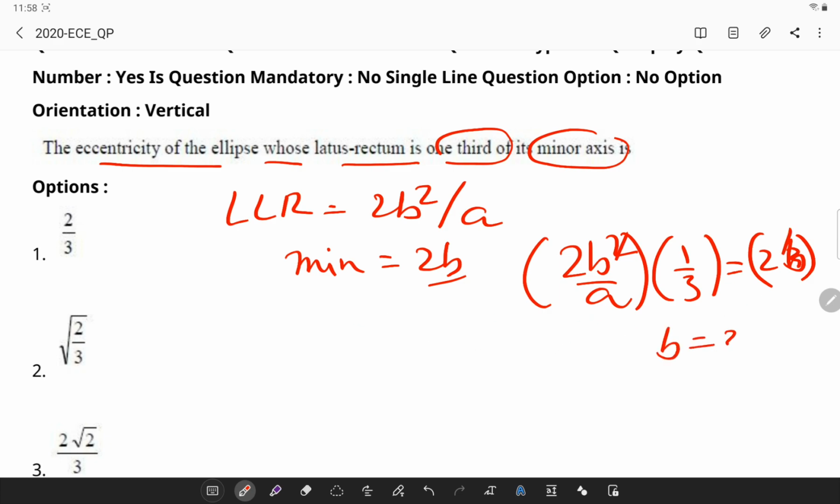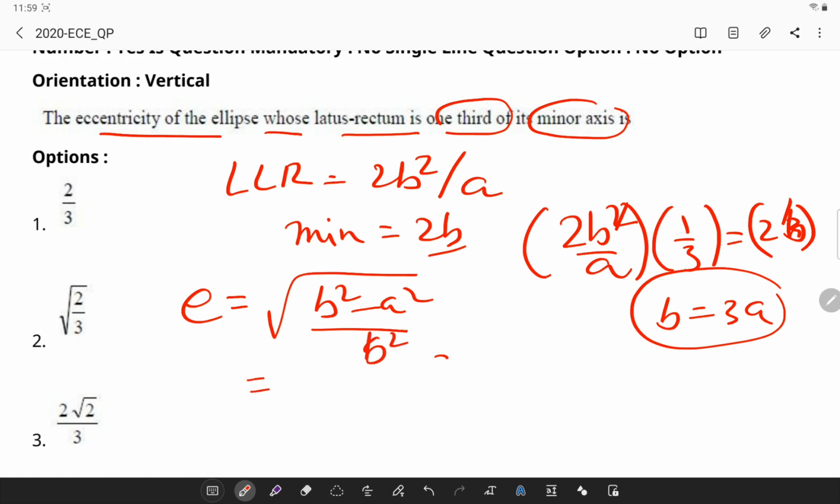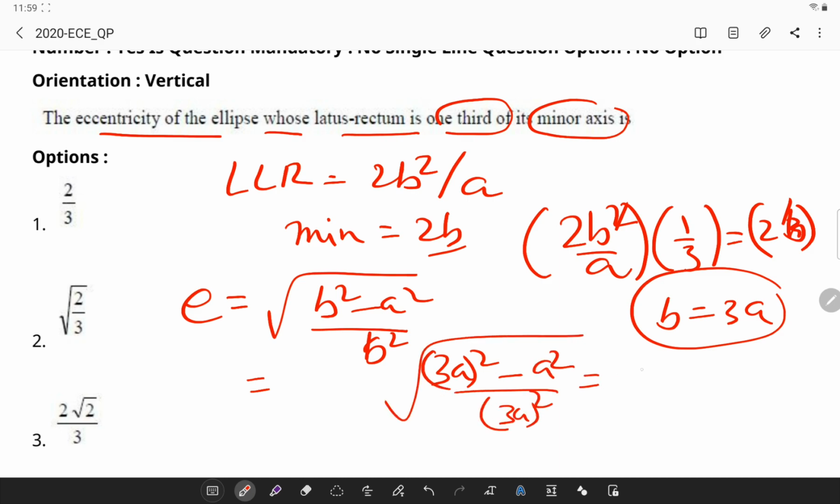So I will be getting b is equal to 3a. Now the eccentricity formula is given by the square root of (b square minus a square) by b square. So I can write the square root of (3a whole square minus a square) divided by 3a whole square. So I will be left with 8a square divided by 9a square, or I can simply have it as 2 root 2 by 3.